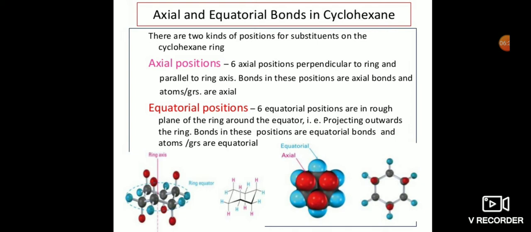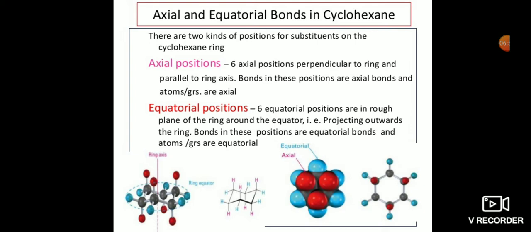In the first structure the ring axis and ring equator are also shown.